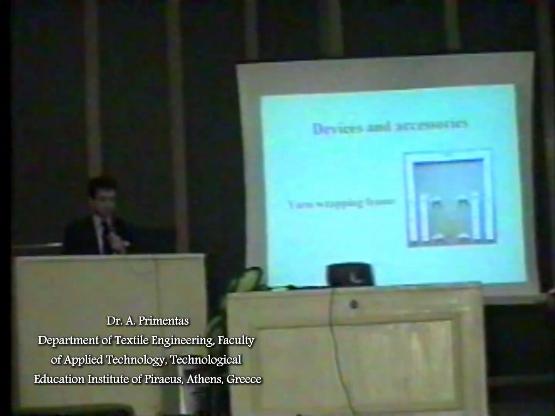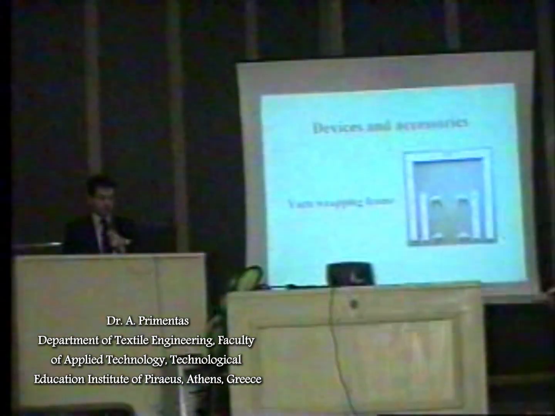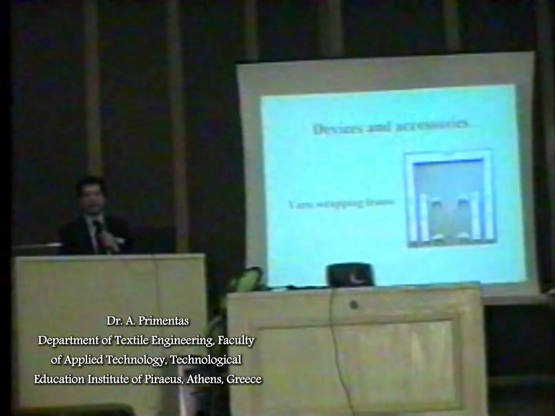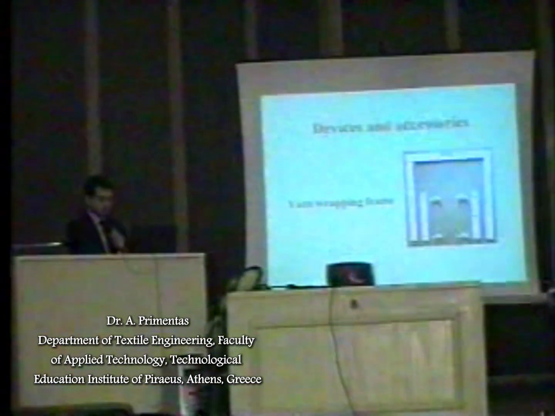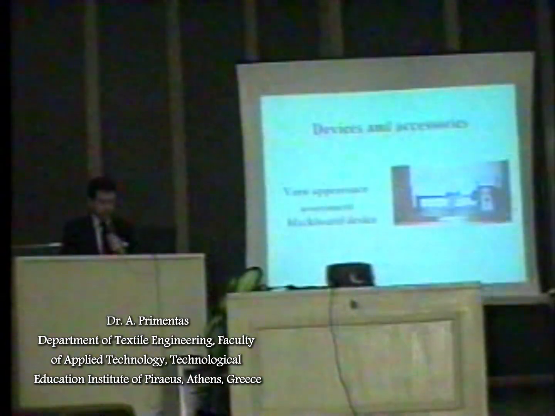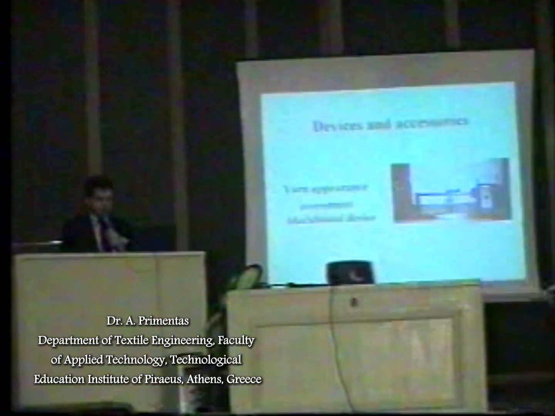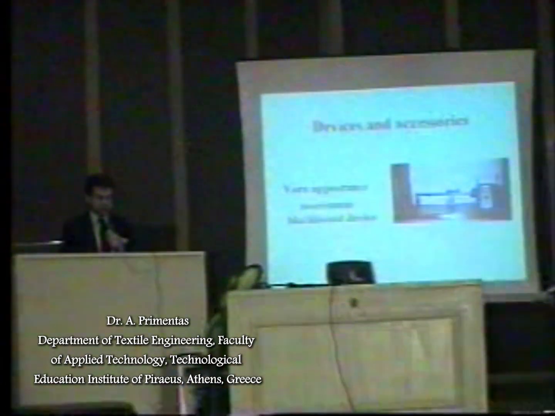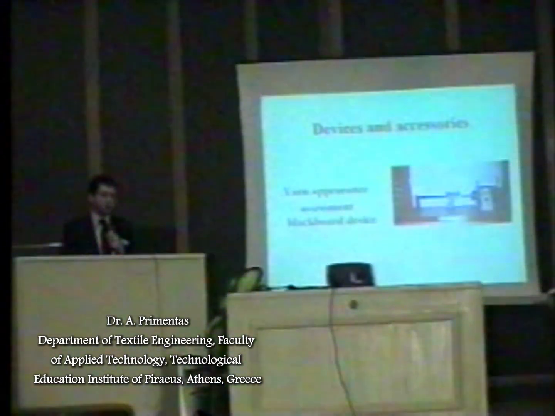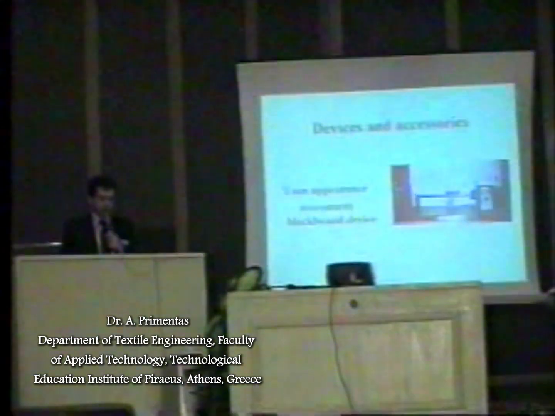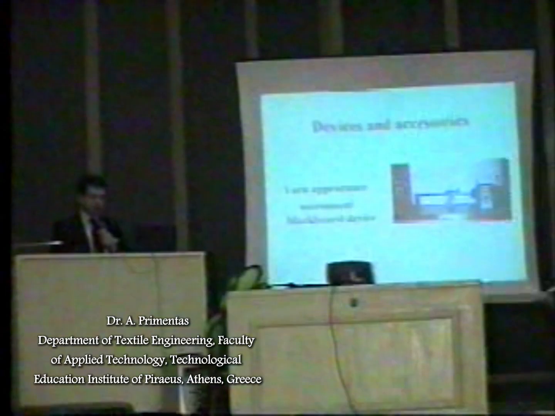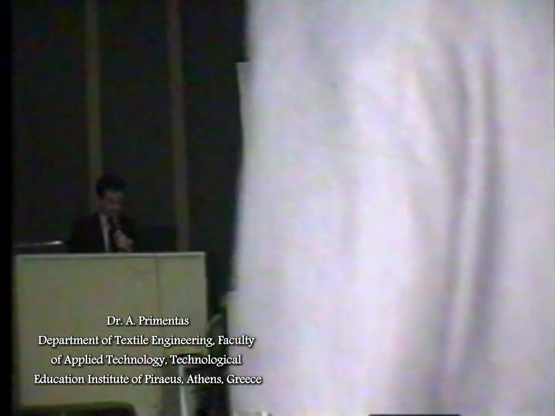A light sponge material placed on the contact surface of the frame and the plates was used for better yarn holding. The wrapping of the yarn samples on the frame was achieved by using a yarn appearance blackboard device. The desired density of threads per centimeter on the frame was set by its speed adjustment.